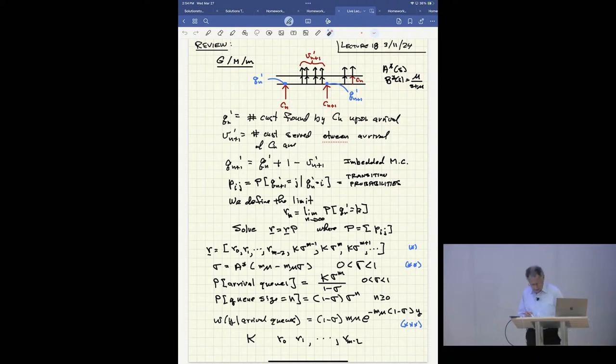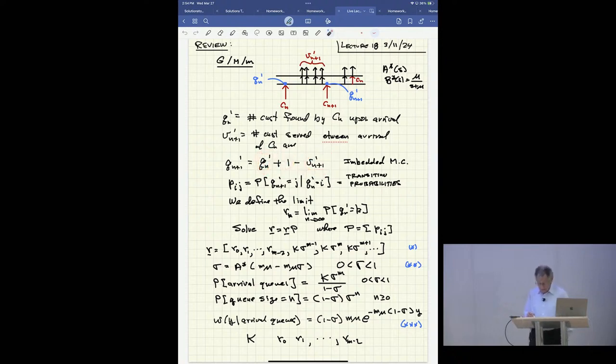Now, it's very easy to see that this is the defining equation relating those variables. Let's see what it says. It says the number found by n plus 1 is the number that n found plus n, minus all those that leave between those two inter-arrival times. So it's a pretty simple equation.